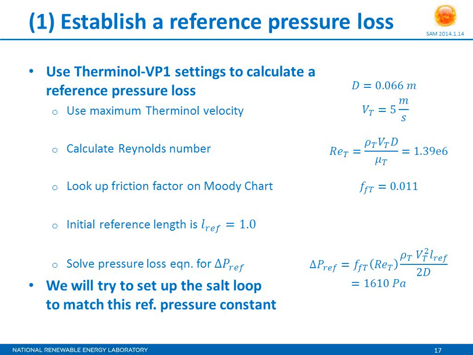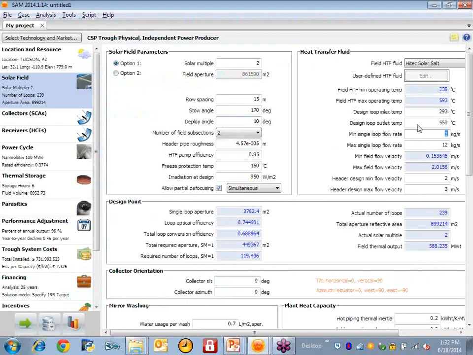So we'll use that thermal case to calculate a reference pressure that's just going to be a constant that we use to refer back to and match in the process of setting up the molten salt loop.